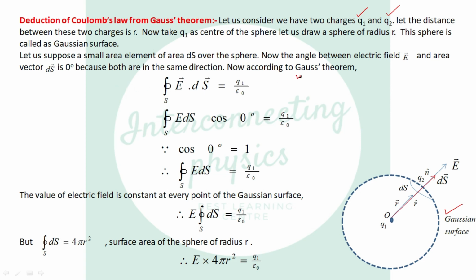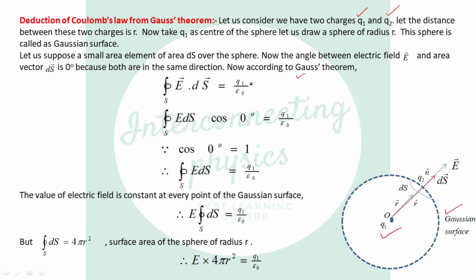According to Gauss theorem, total electric flux through the closed surface is charge divided by epsilon naught. Here q1 is enclosed by the surface, q2 is on the surface of the Gaussian sphere, but charge enclosed by the Gaussian surface is q1.